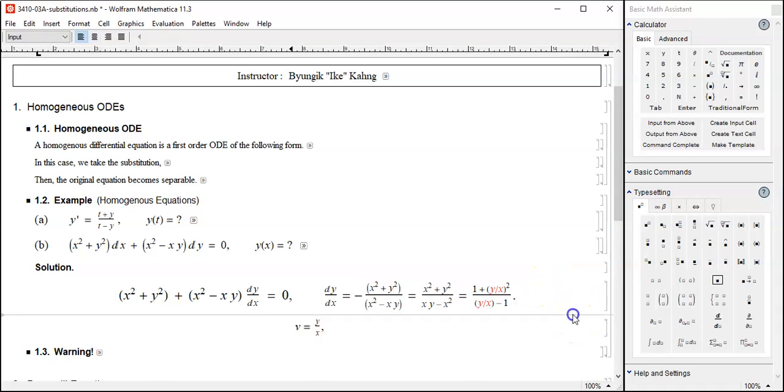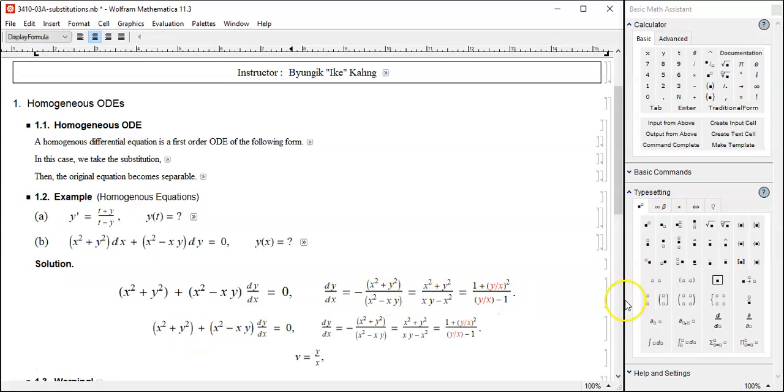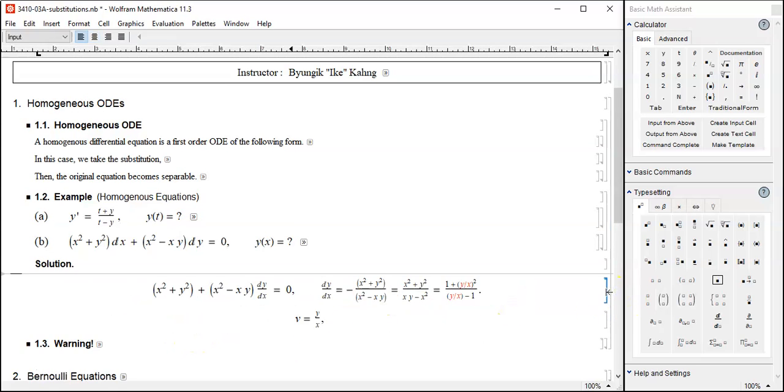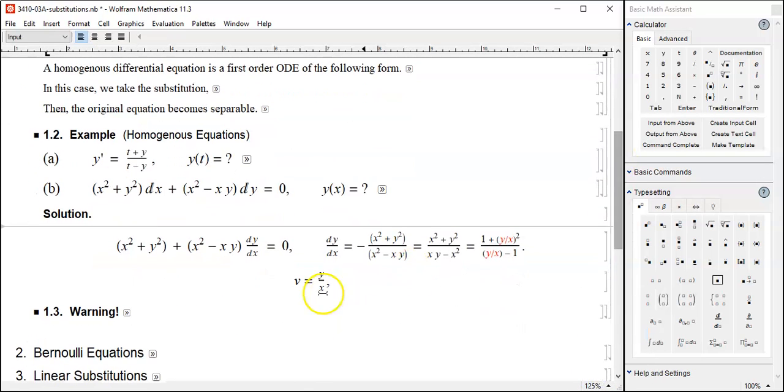Well, you know what? I'd much prefer to expand entire notebook here rather than expanding line by line repeatedly. Okay, let's do this. Y equals v times x. And then let's take the derivative.